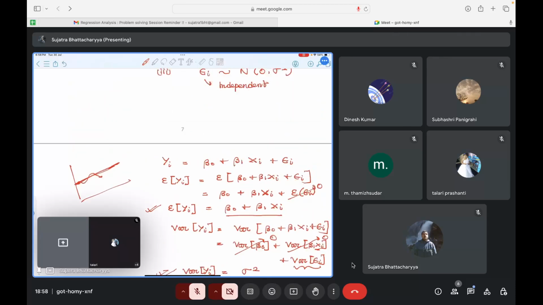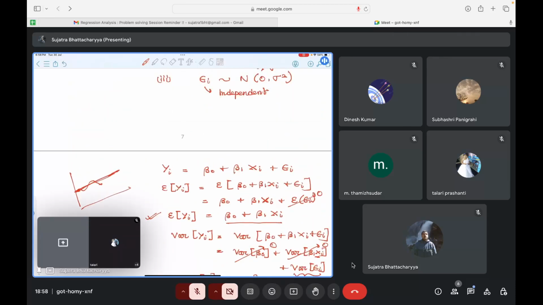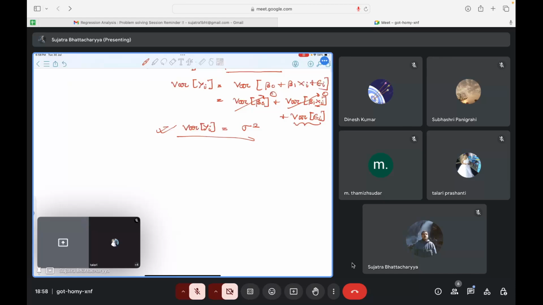Okay. Now, what will be the distribution of yi? See, I know that epsilon i is a random variable. Let me write it here. yi is equal to beta naught plus beta 1 xi plus epsilon i. Now I know that epsilon i is a random variable which follows a normal distribution with 0 mean and sigma square as the variance.